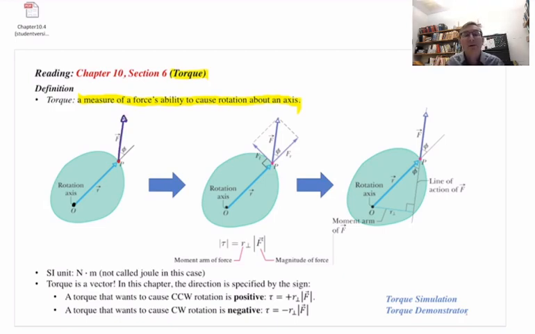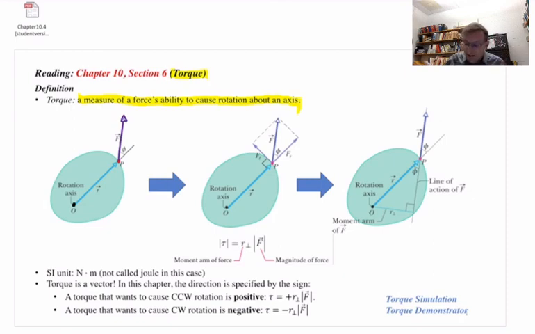And you can see it's labeled in the picture F. Now there are a couple of important vectors that we have to note if we're going to calculate what's called the torque due to the force F about axis O. That's the language. The torque is due to a force about a specified axis. In this picture, the torque will be due to the force F, acting at point P, about the axis O.